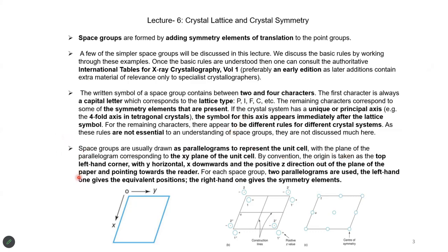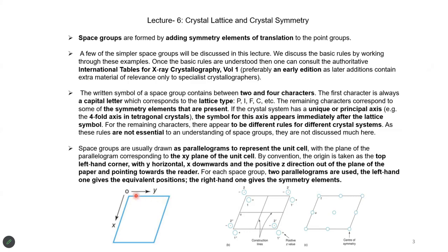Okay, we come to this para and we say that we represent the space group in a conventional way, that is, parallelograms to represent the unit cell. So we take 2 parallelograms to represent the unit cell in the space group. And then we also have some convention.